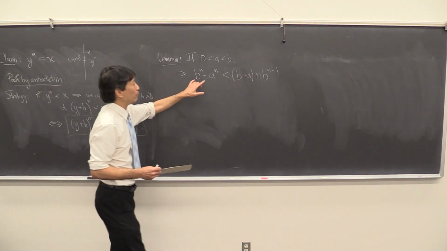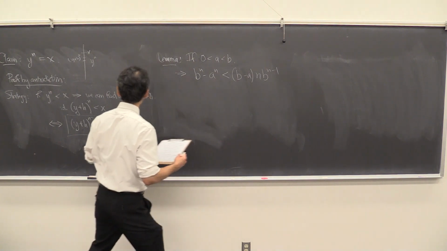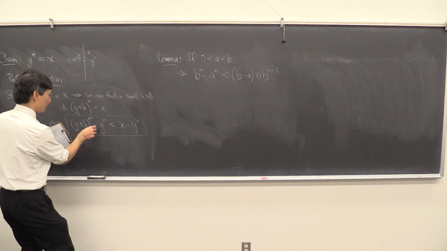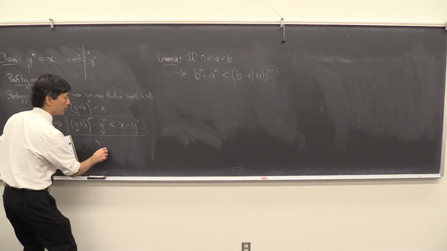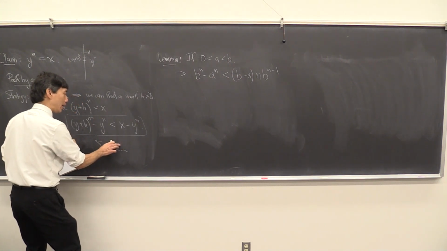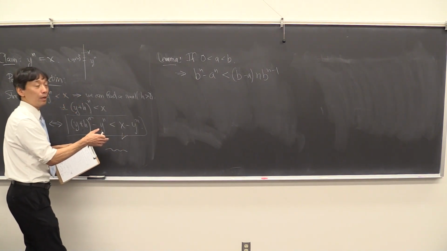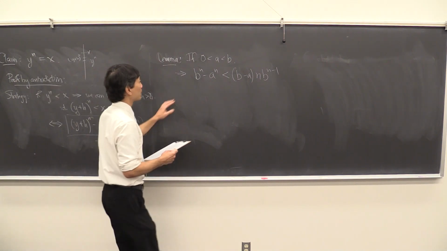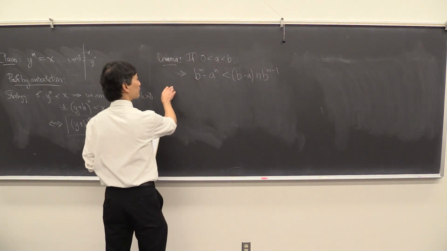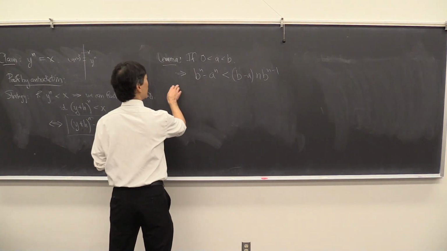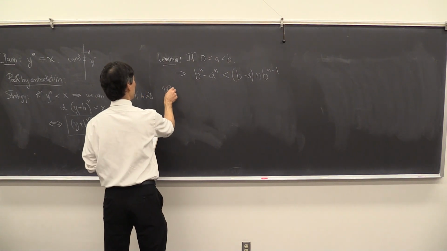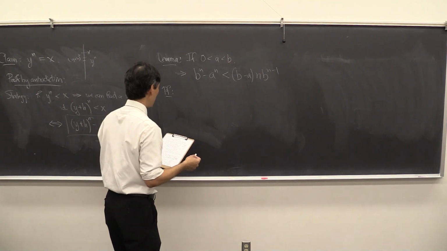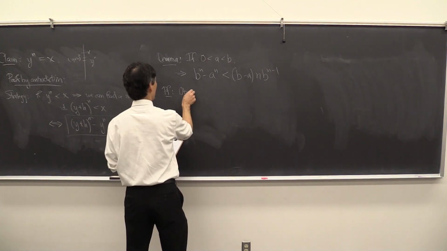So this lemma will basically give us some sort of intermediate. We're going to see that this thing is smaller than something else, and then make that thing smaller than this. Okay, and that's how the lemma is going to help us. So anyway, b to the n minus a to the n is smaller than this, and the proof is just the following. So observe that.